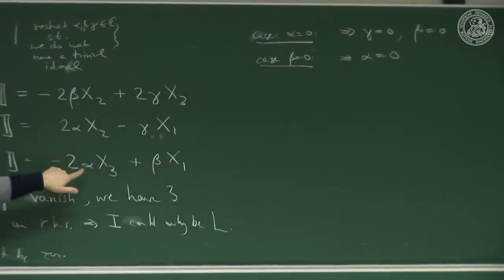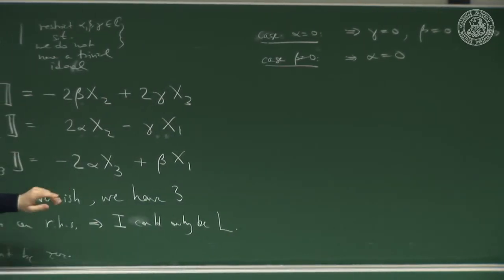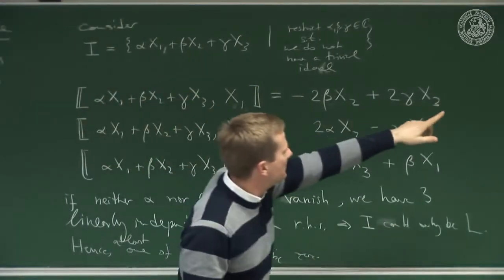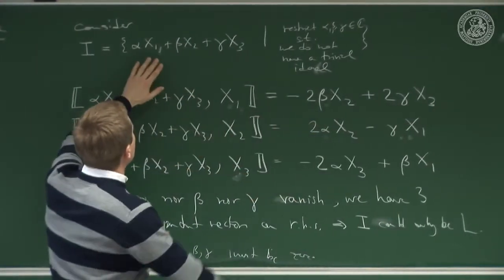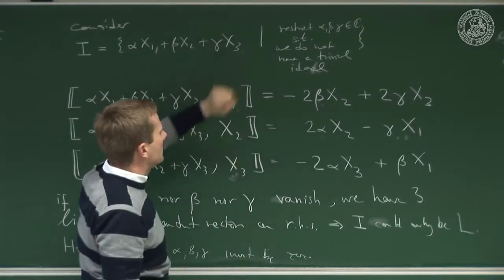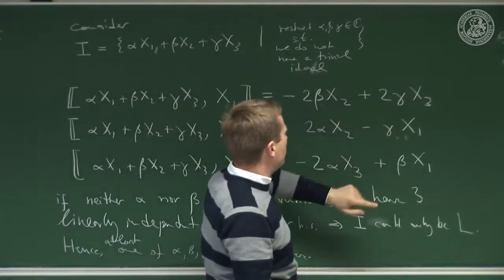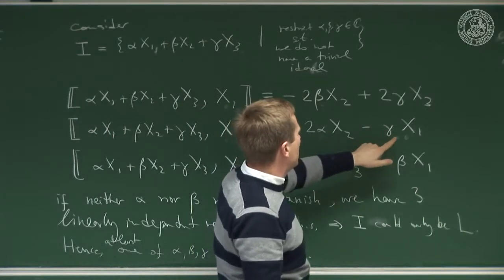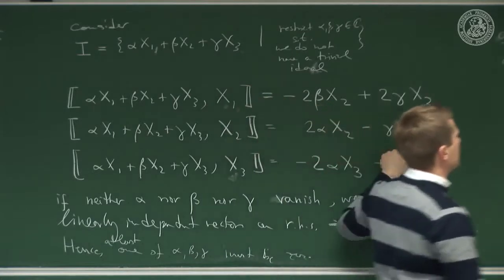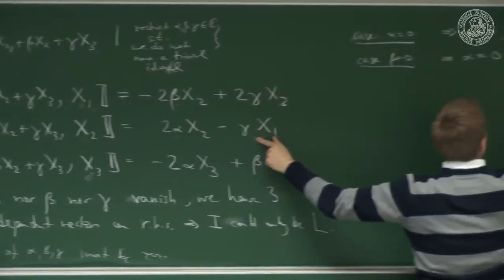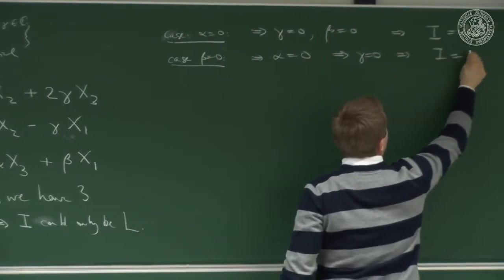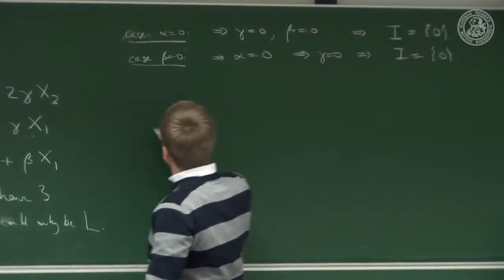And now we cannot immediately read off the other one. We have to take seriously that we have beta equals 0, alpha equals 0. That means the whole result must lie in the x3 plane. But in order to lie in x3, for instance, here this gamma is in the way because that gives you a contribution in the x1 direction. So in the next step, it follows that gamma equals 0.